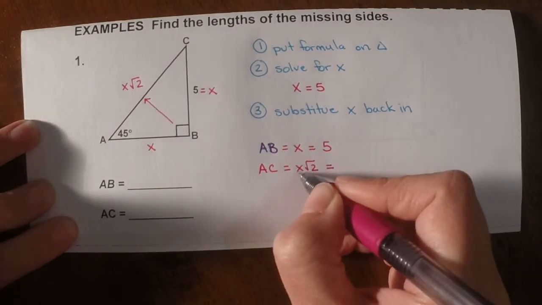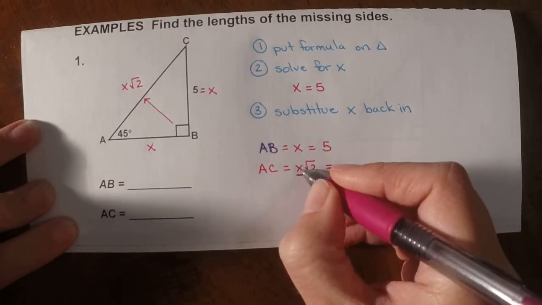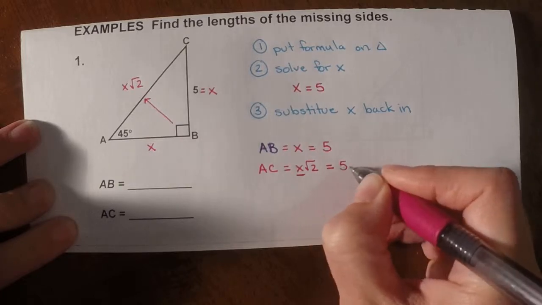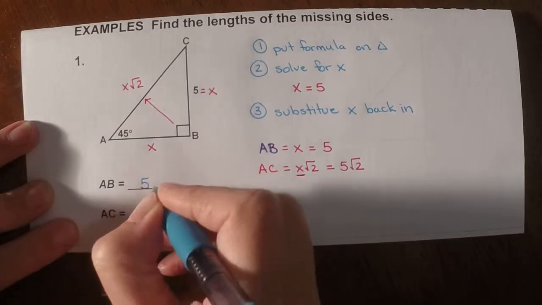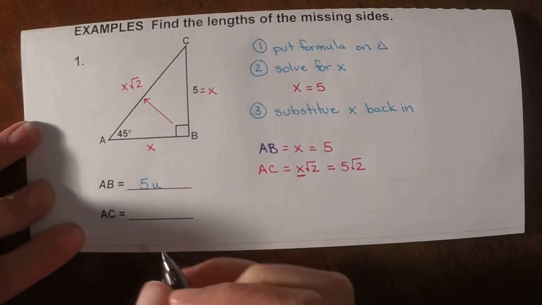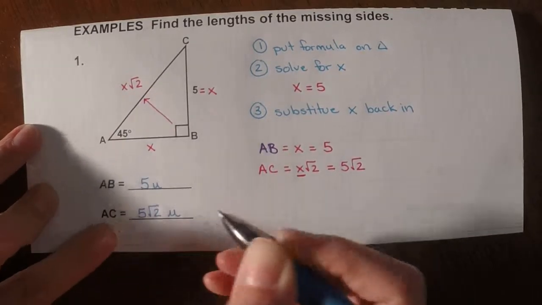Well, I've got to plug x in right here. Well, x was 5, so I replace x with a 5. So then AB is 5 units long, and AC is 5 root 2 units long.